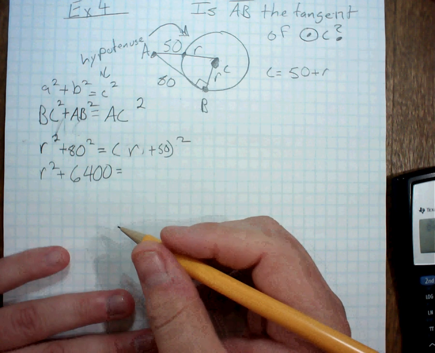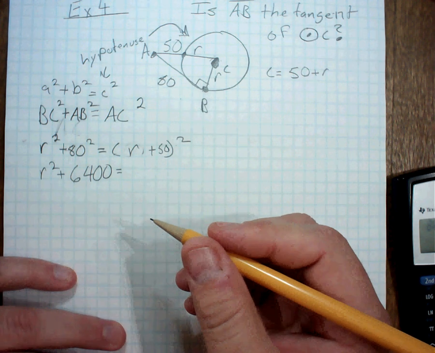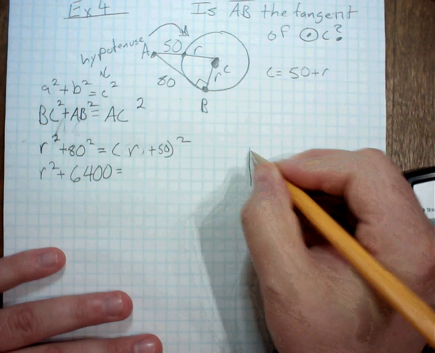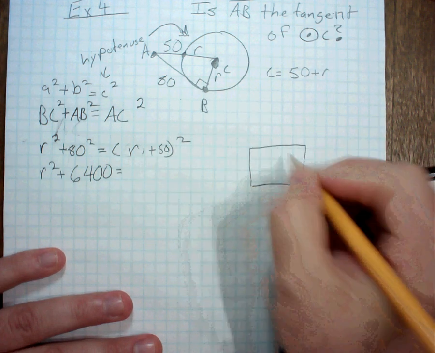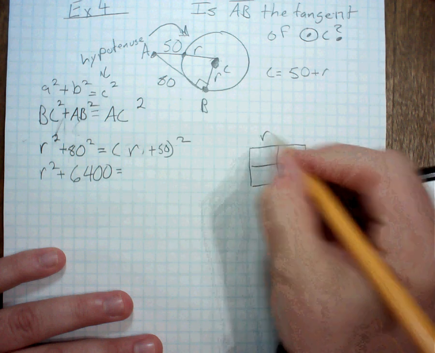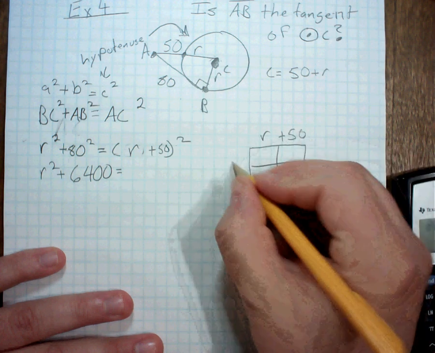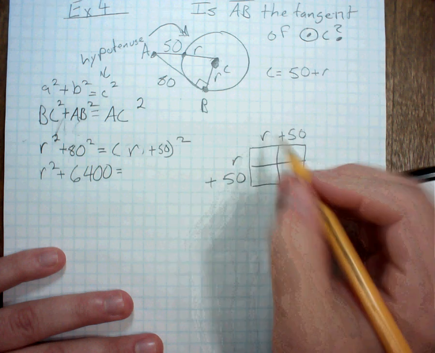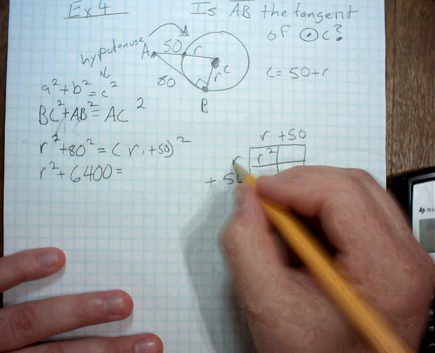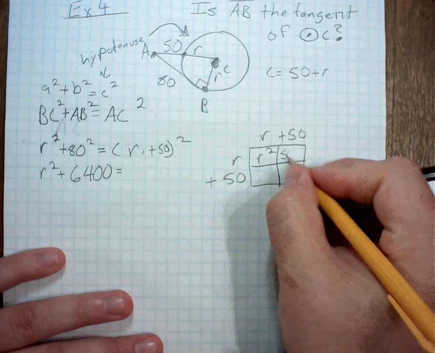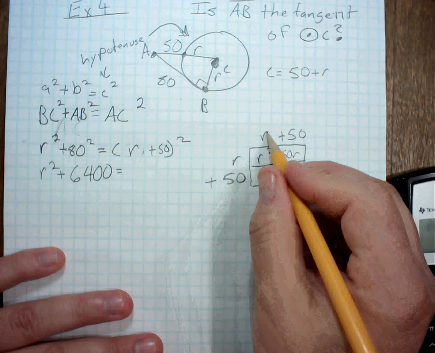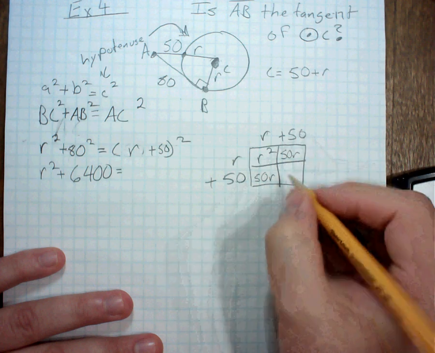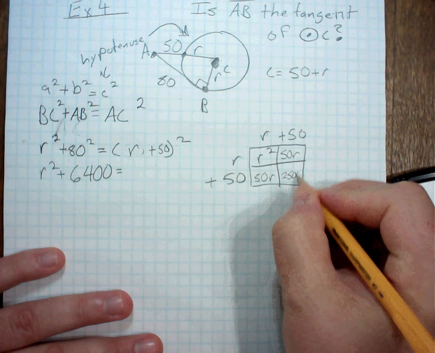So what I'm going to do is multiply this out. Remember that r plus 50 squared is the same as r plus 50 times r plus 50. So r times r is r squared, r times 50 is 50r, and then r times 50 is also 50r, and then 50 times 50 is 2,500.